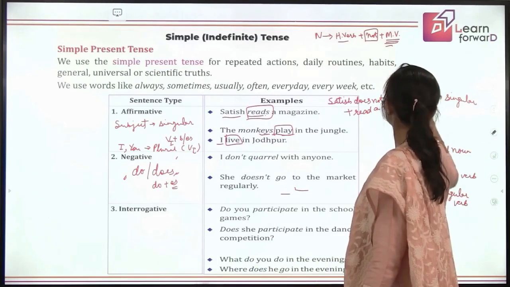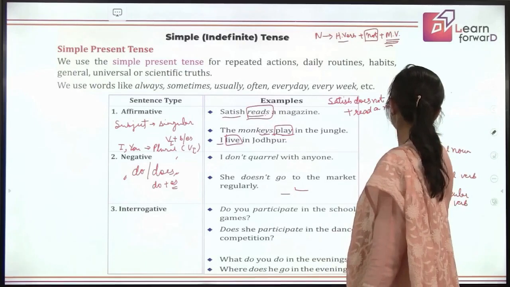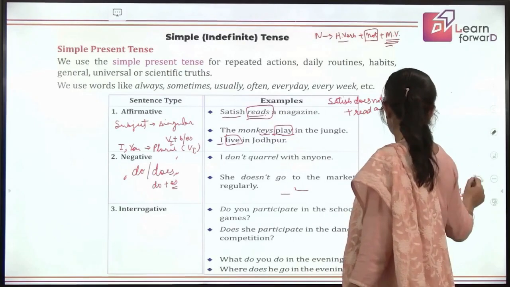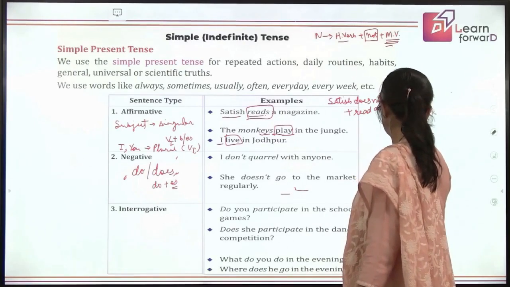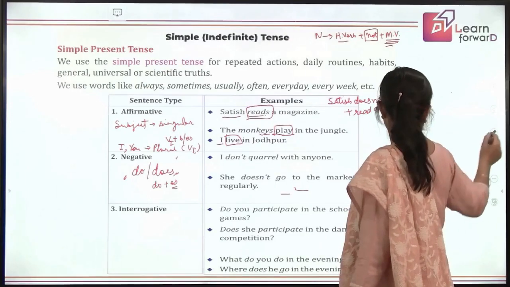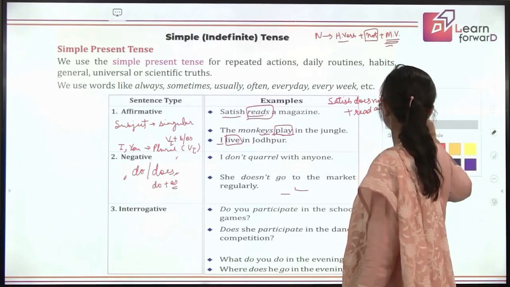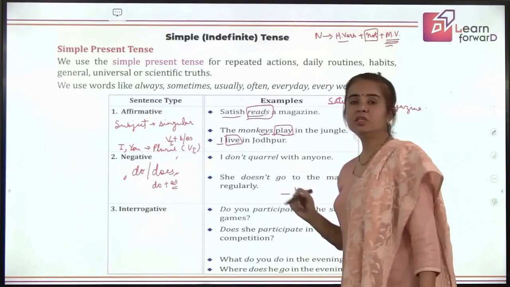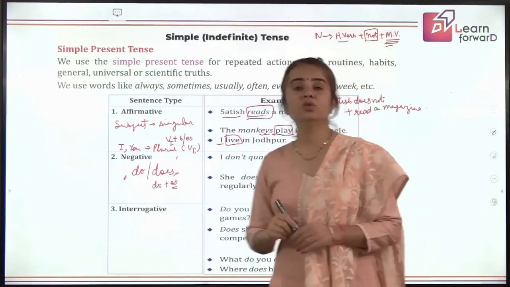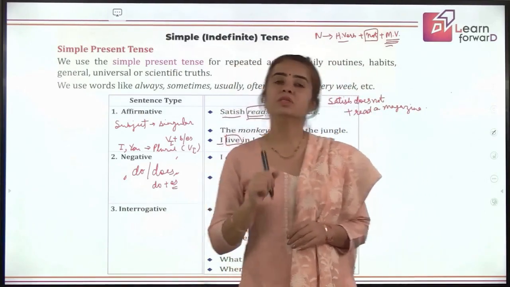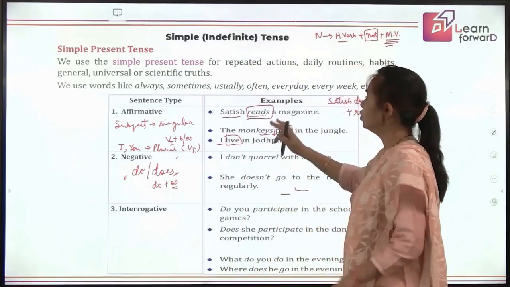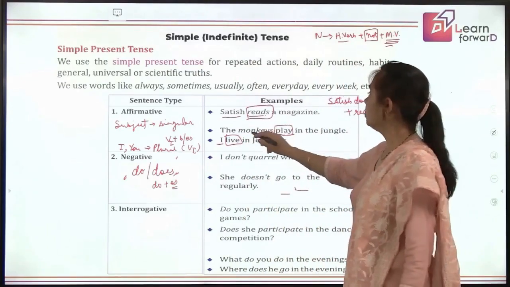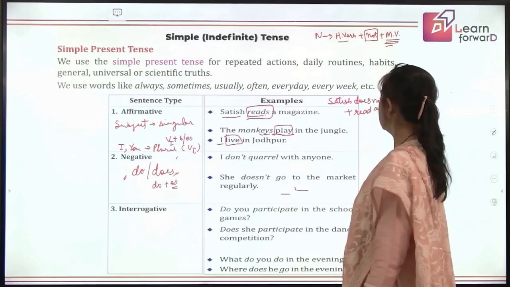Okay, let's do more of it and you will realize. I hope this much you have understood clearly that by adding S/ES to a noun changes it into plural and adding S/ES to the verb changes it into singular form, right? So let's move to the next. The monkeys play in the jungle.